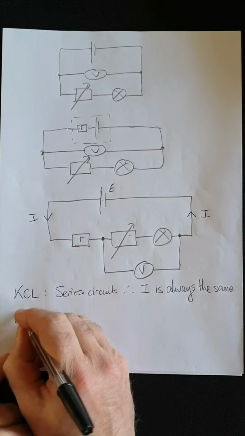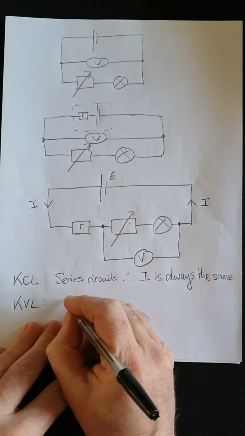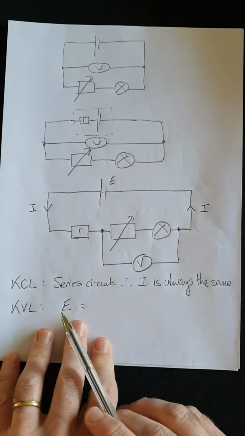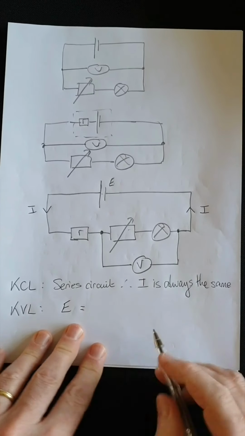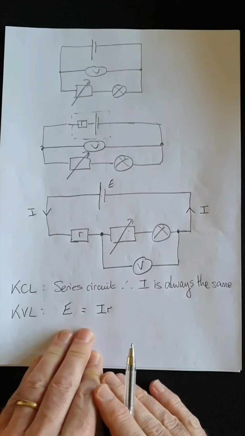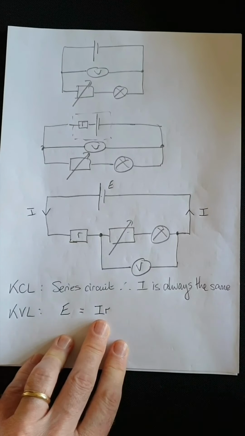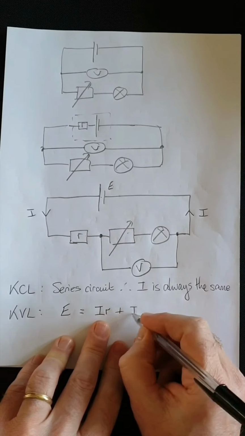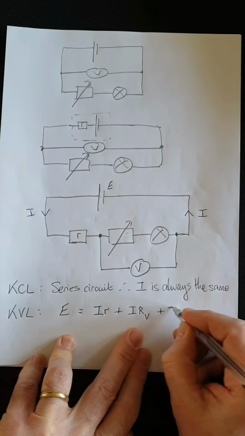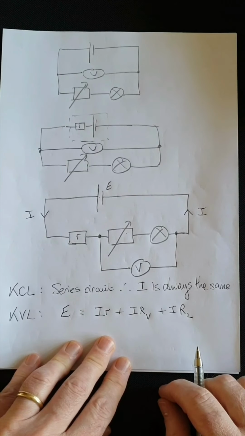Okay. Looking at Kirchhoff's voltage law, that's telling me that the EMF from my cell is equal to the sum of the potential difference across each of these components. So I've got I times the internal resistance, which is the potential difference across this component, plus I times the variable resistance, plus I times the resistance of the lamp.